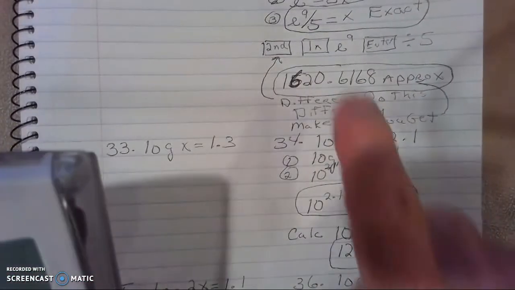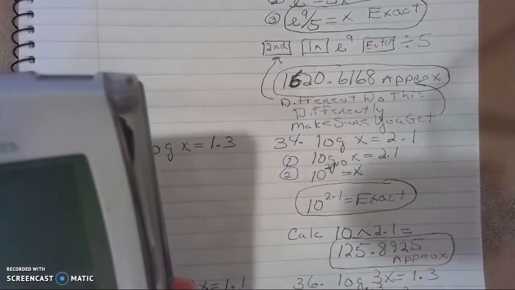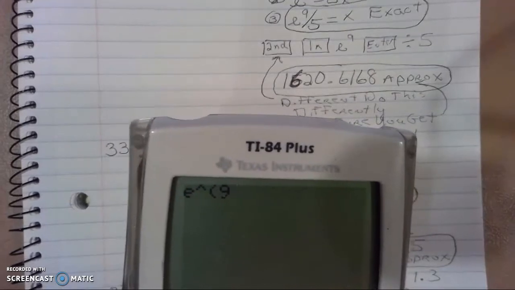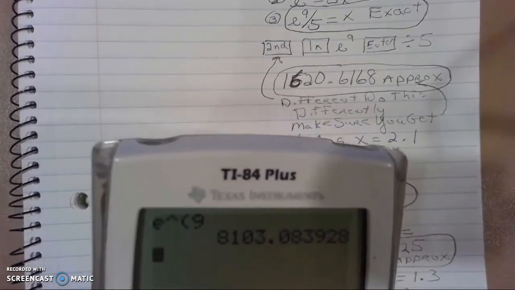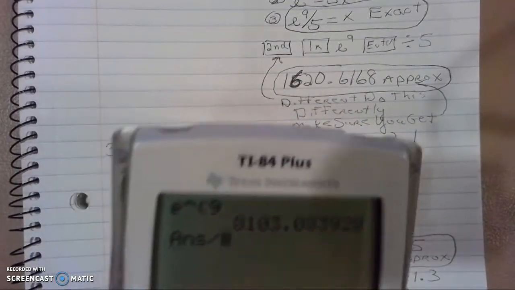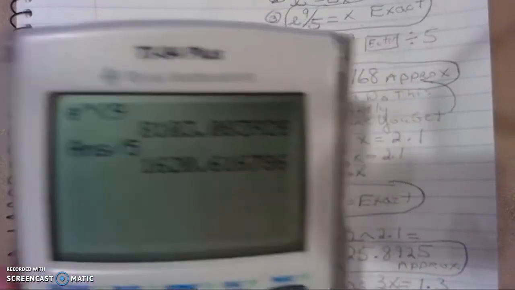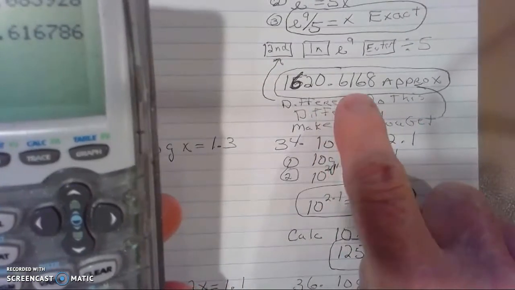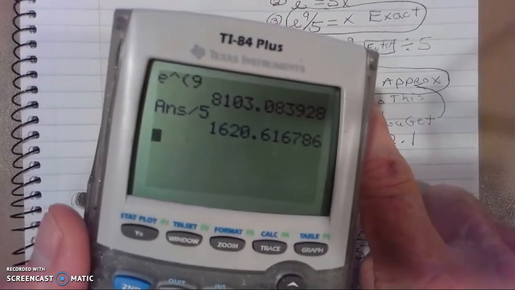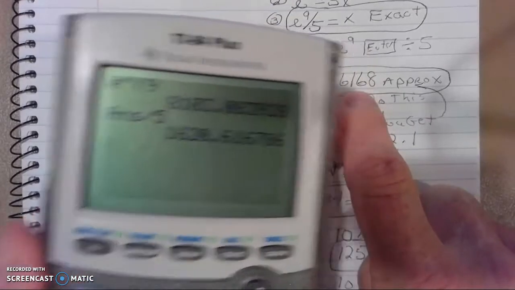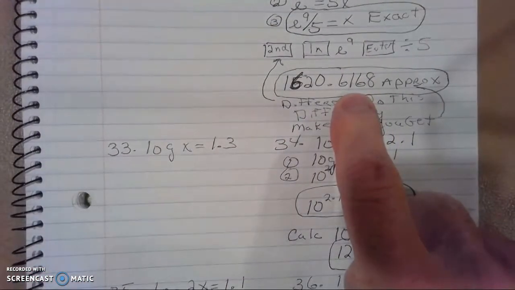And then I put in my 9, hit enter, divided by 5, hit enter, and I get these decimals here. And I round it off, 1620.6168.